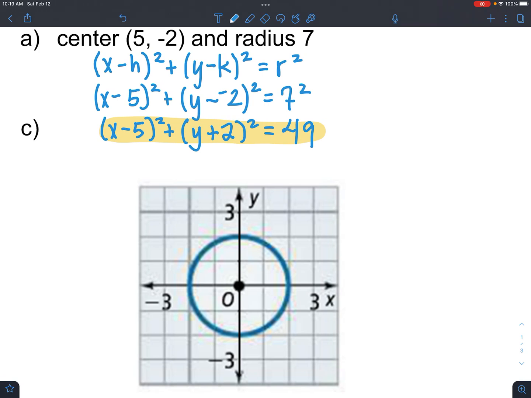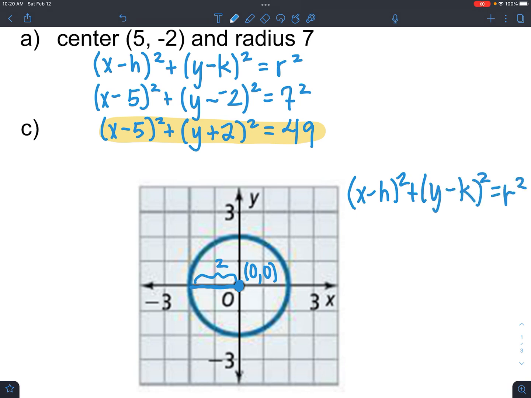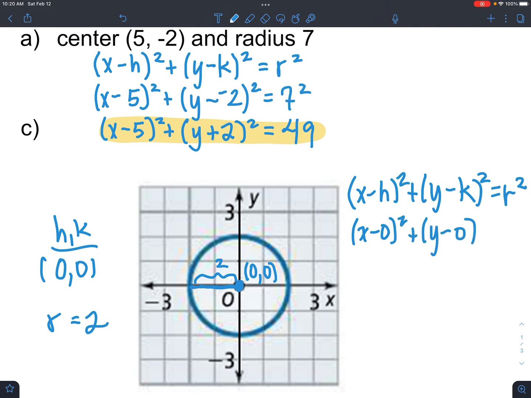All right, and then here's a picture. That last question we answered wasn't too bad, because we knew the center and the radius, so we need to do that here. The center is (0, 0), and in this case the radius looks to be 2 blocks. So when I have my formula, which I promised you we'll write every time, I'm going to plug in my (h, k), which is (0, 0), and my radius is 2.